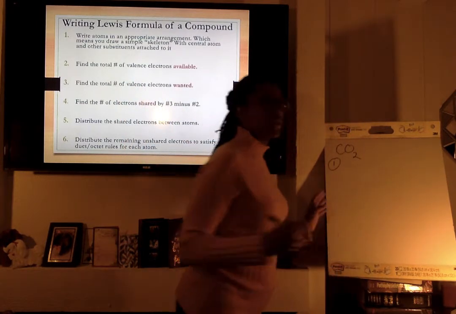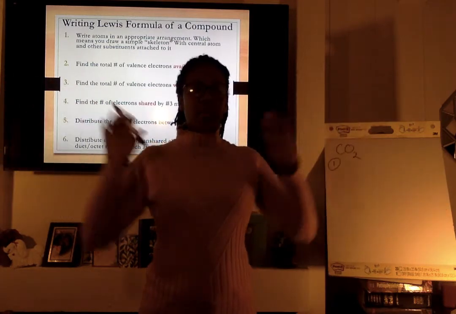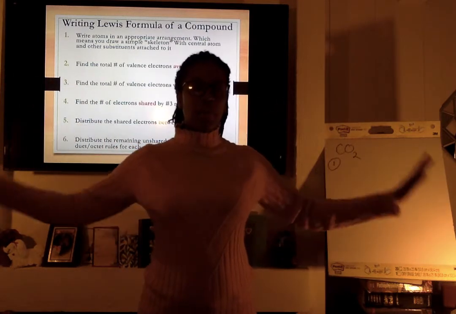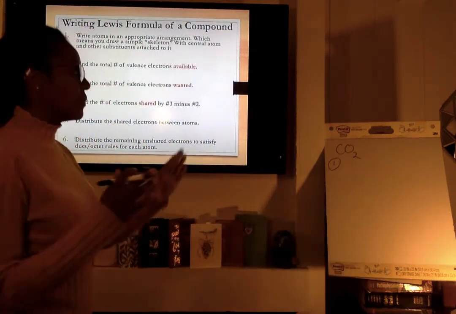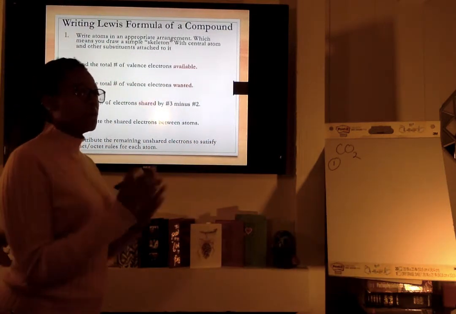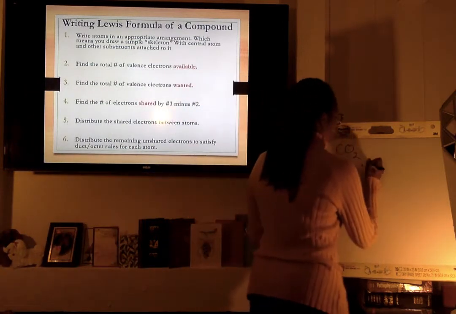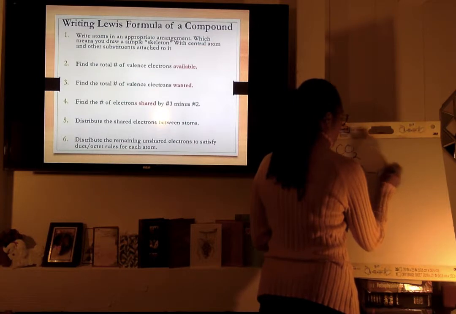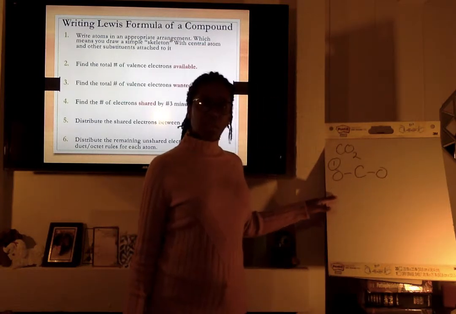The skeleton structure just means, if I have two things attached to my center atom, when you're drawing these, you want them to be symmetrical. So here you would have oxygen and oxygen, straight across from each other.